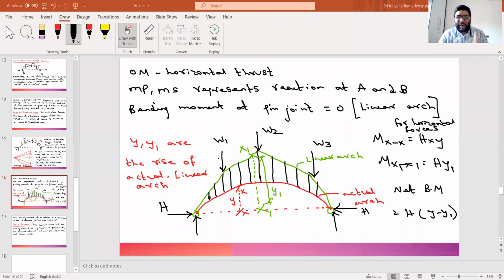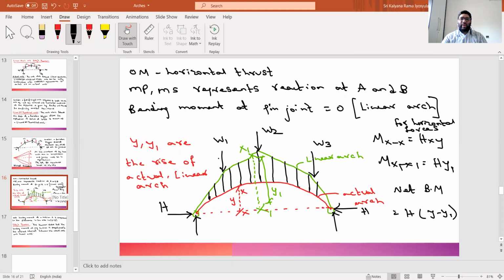What is that vertical intercept? The downward lines that I have sketched. Vertical intercept between the linear arch and the actual arch. So this is one of the very important theorems in arches, especially when we are trying to link the linear arch and the actual arch. Okay.